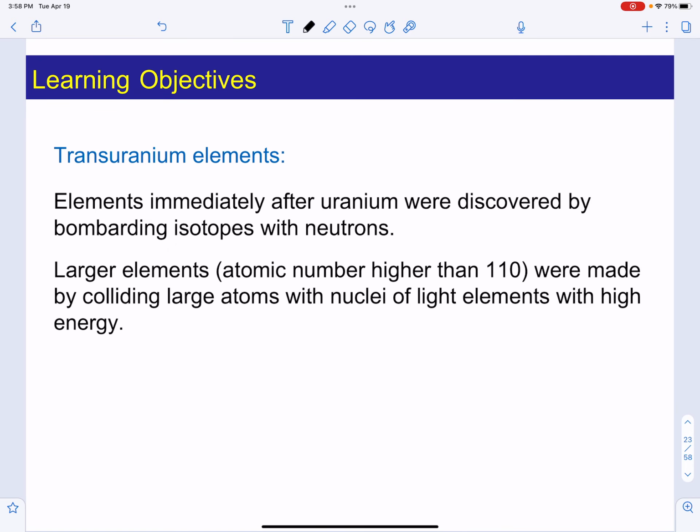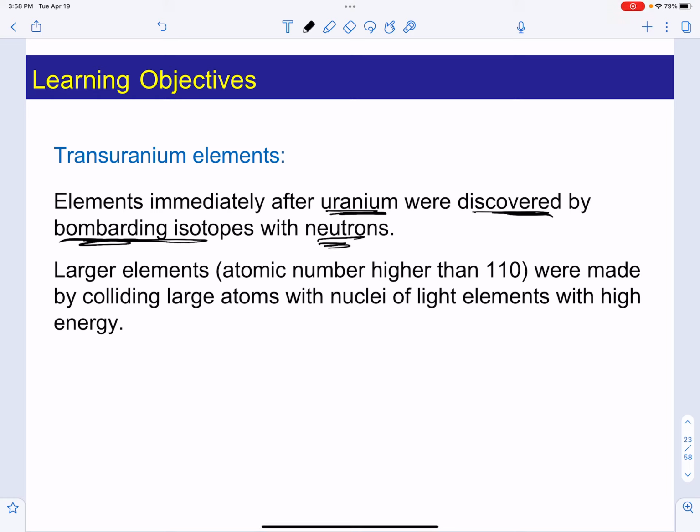So how can we use that? Before, we said that any element after uranium, we call the trans-uranium elements. Any element after number 92 was discovered because it was smashed in something like that. They were bombarded with neutrons, and the neutrons created new elements that up till that moment didn't exist.